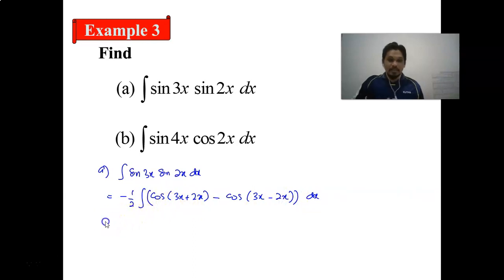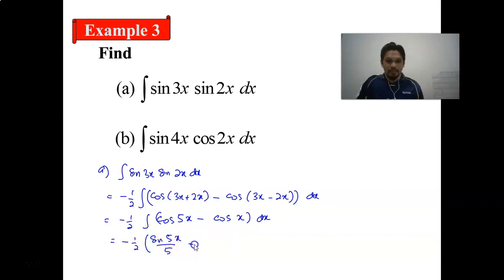Okay, so it is now negative 1 over 2 integral of cos 5x minus cos x dx. So then it is negative 1 over 2 integral of cos equal to sine 5x divided by 5, minus integral of cos gives you sine x divided by 1, plus c.